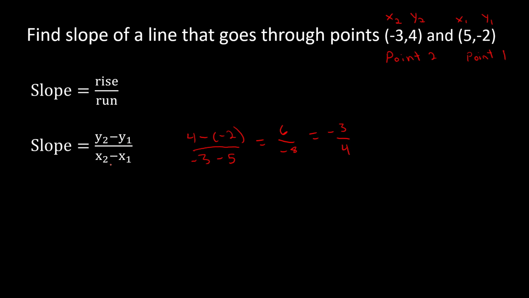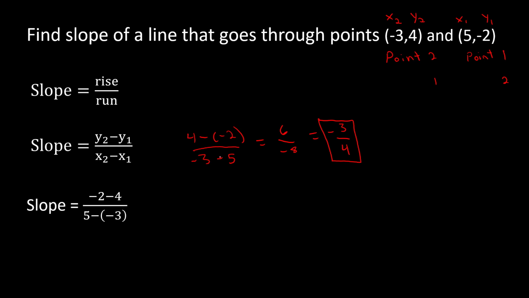On the slide, I have it the other way, where I'm showing that here I get negative 3/4, but if I switch this so that this is point 2, and this is point 1, we just switch the order of our subtraction. If we do that, we're still going to get the same solution. So instead of taking 4 minus negative 2, I could do negative 2 minus 4.